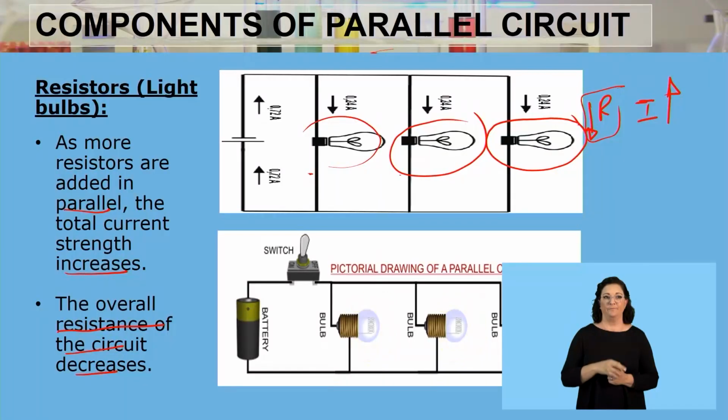And once the resistance decreases, the current will increase, because resistance and current have that relationship that when one increases, the other one must decrease. In this case, when the resistance decreases, the current is going to increase.